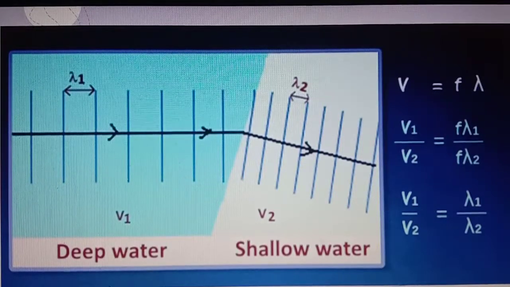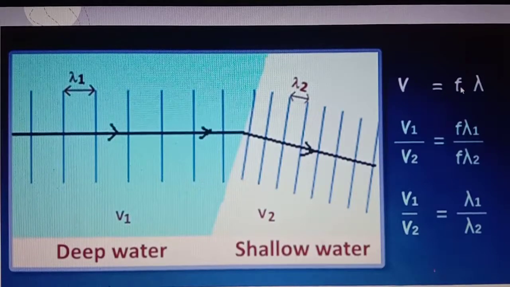So this one is deep water. We can mark the distance between two consecutive wavefronts. We put it as lambda 1, and the speed of water in the deep region is v1. In shallow water, the wavelength is lambda 2, and the speed is v2. From the formula v equals f lambda, we know that the frequency is constant because the waves come from the same source, the same vibrator.